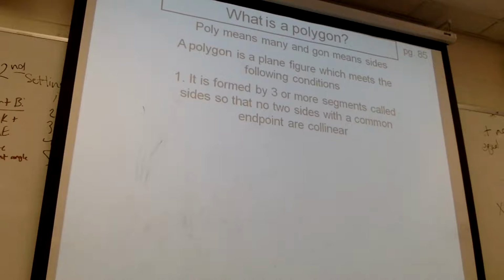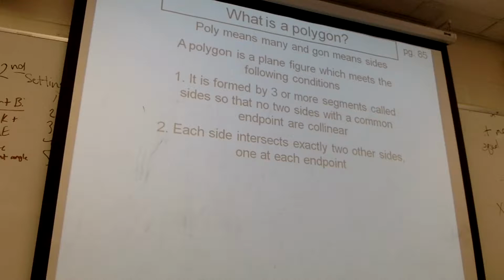So all it's saying is I have to have three sides at least. I can't have anything less than that. There are names for polygons that are less than three sides, but that's the whole theoretical realm that you guys don't have to deal with, so we don't go through that.